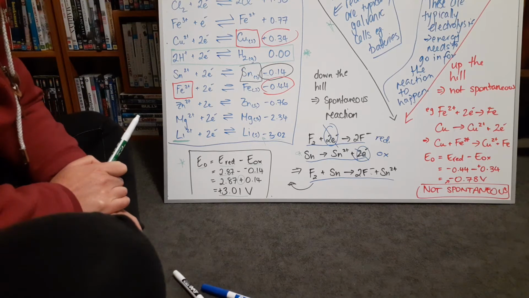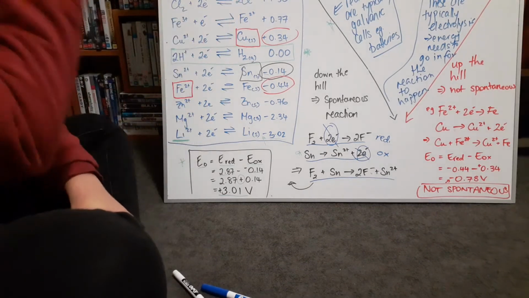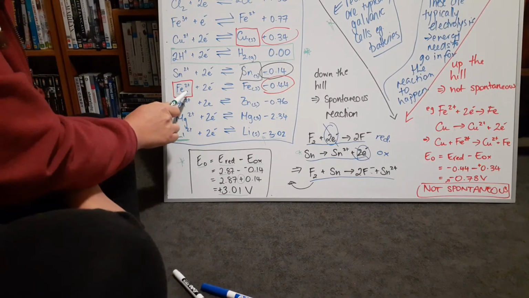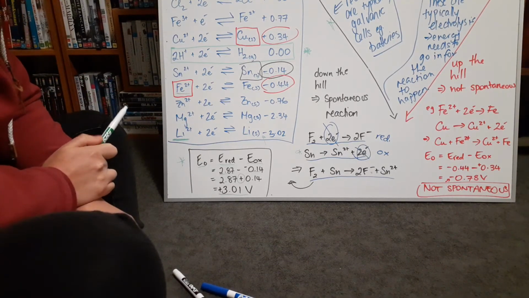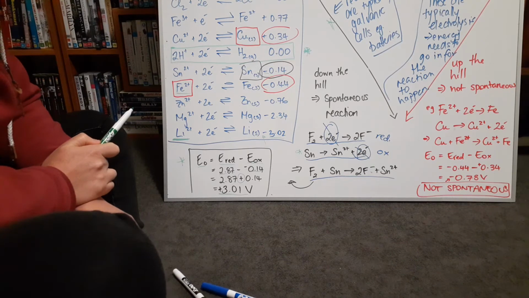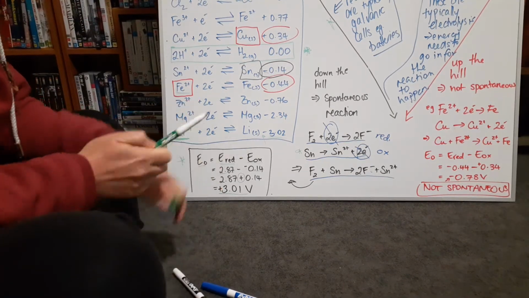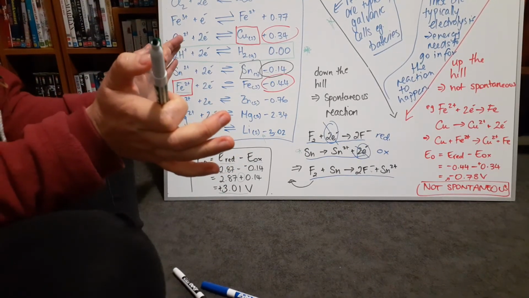If I have to do something different and I'm going the other direction, if I'm going up the hill, right, if I start from the left and I've got iron 2 plus and I have to go up to say copper, this is not a spontaneous reaction because, like going up a hill, it takes energy to do that. If I'm going down a hill on a bicycle, I can just sit there and do whatever, no problem.